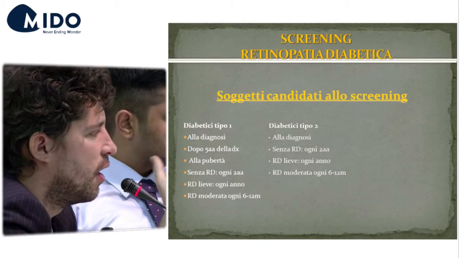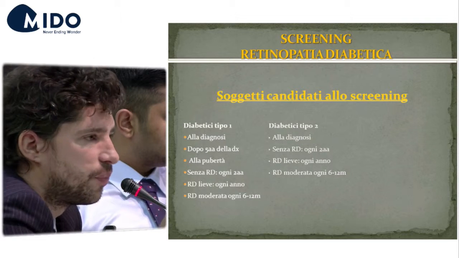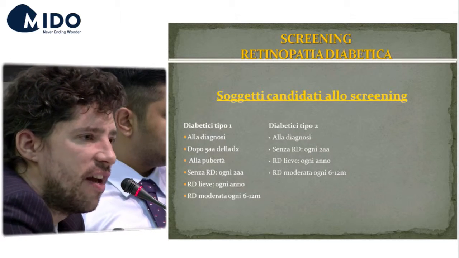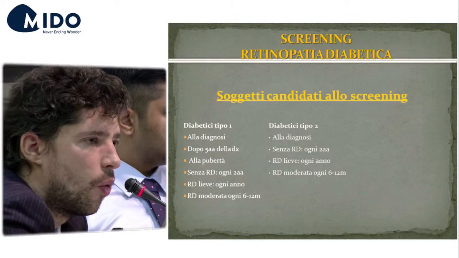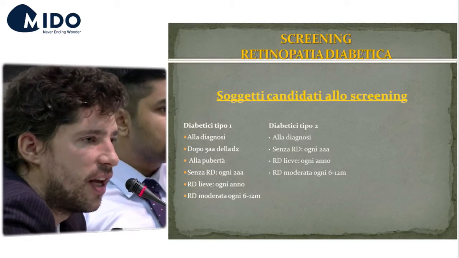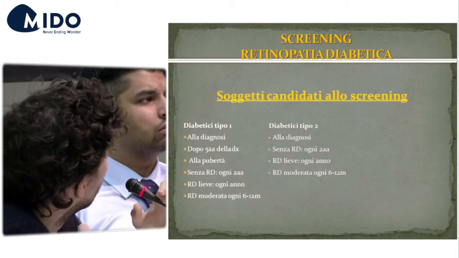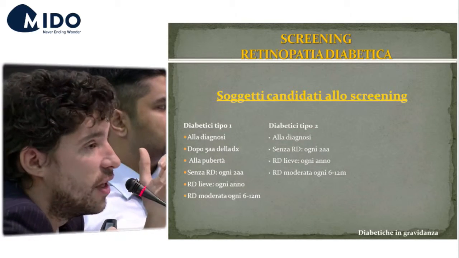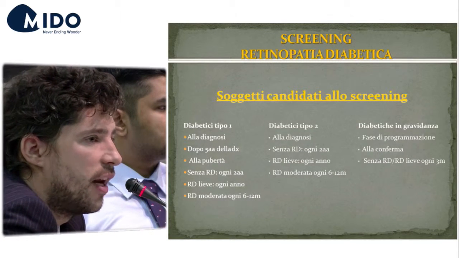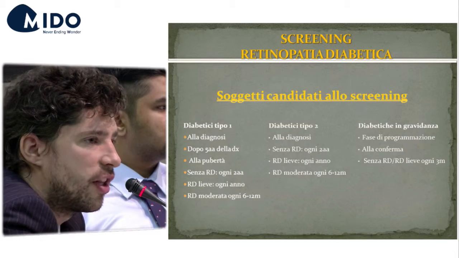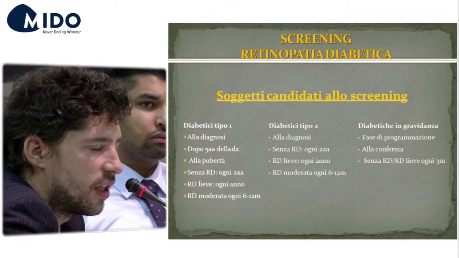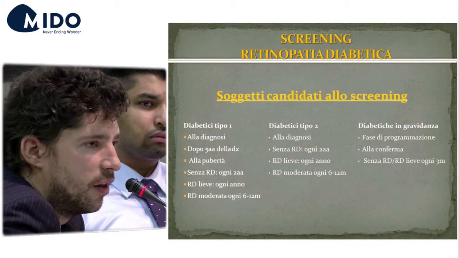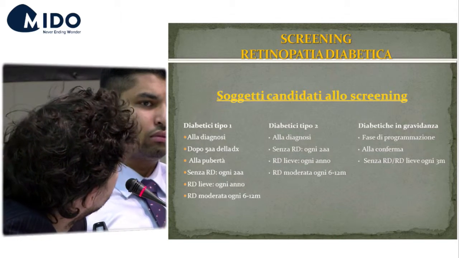They are followed more frequently, every 2 years if they have mild signs, and every year when mild signs have an impact on the posterior pole, when they have retinopathy every 6 months and every year. Pregnant women, because of hormones, should be followed closely. A diabetic patient that becomes pregnant should be followed up every 3 months.